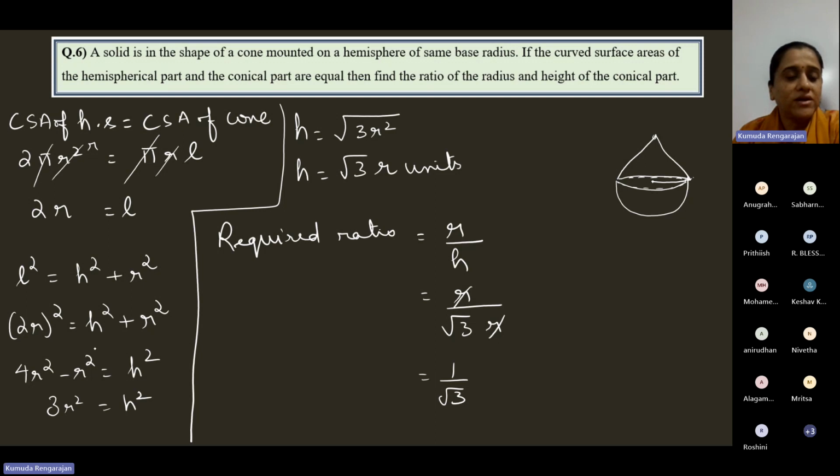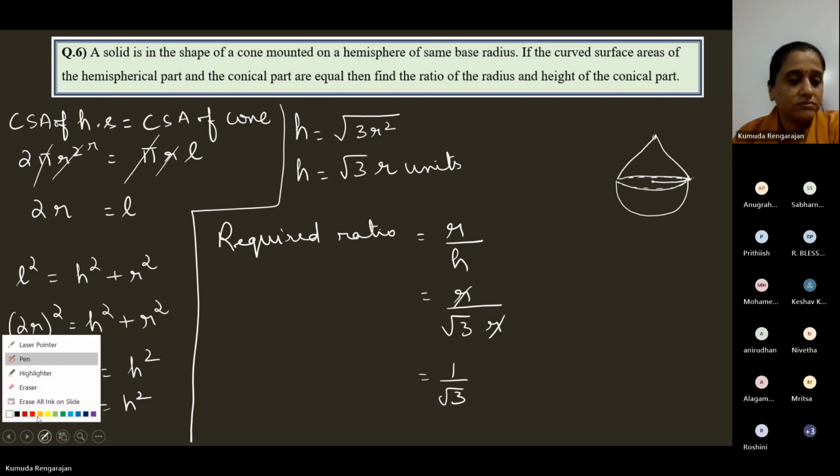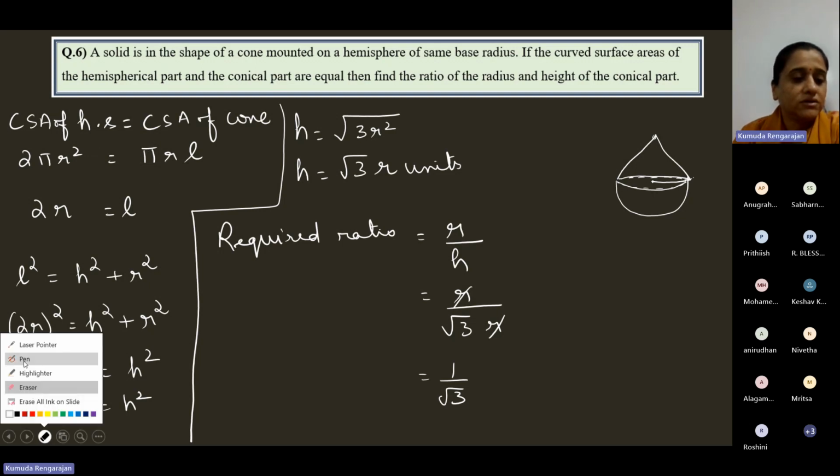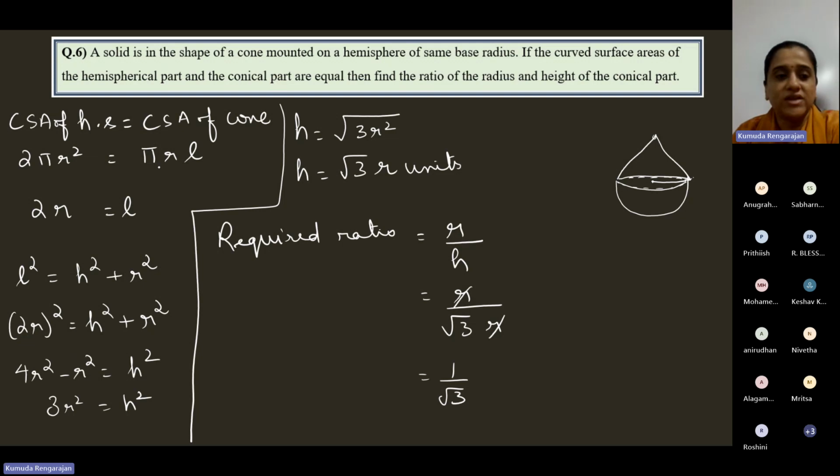So 2r is equal to L. That means the slant height of the cone is equal to twice the radius.